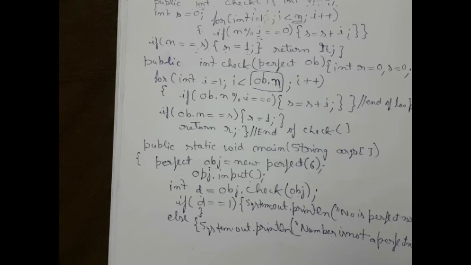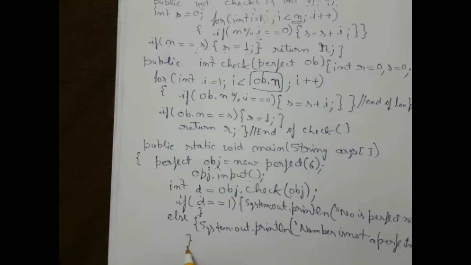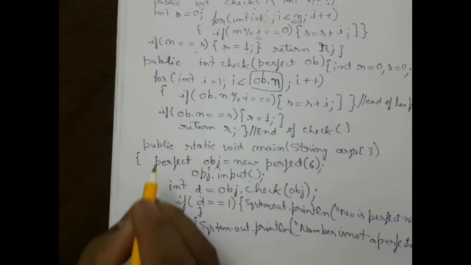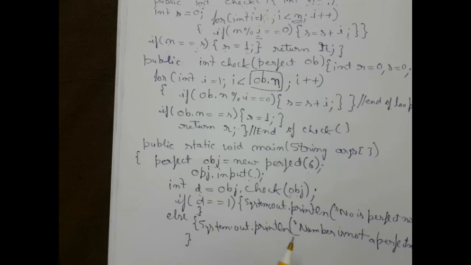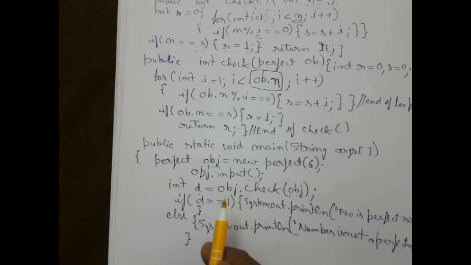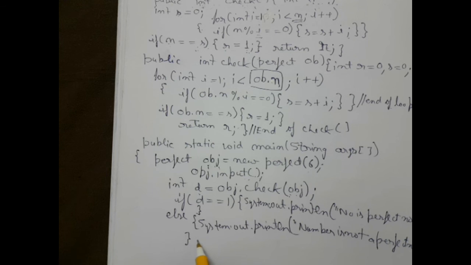All right, and I close it here, and then else block will be closed. One more function you will add yourself, that is the display function, to display the number. All right, that is very important, so that you could get to know which number has been sent over there, or which number has been entered. And after that I close the main function.